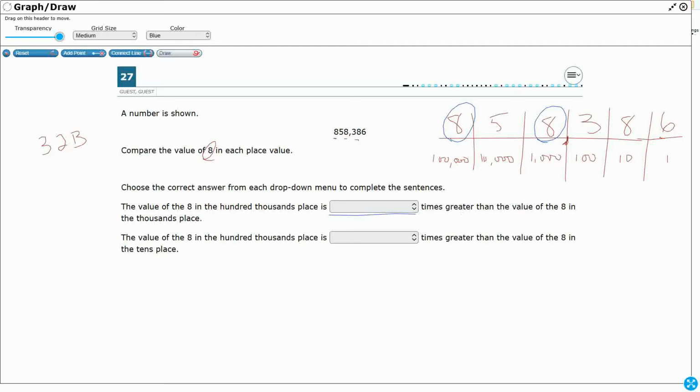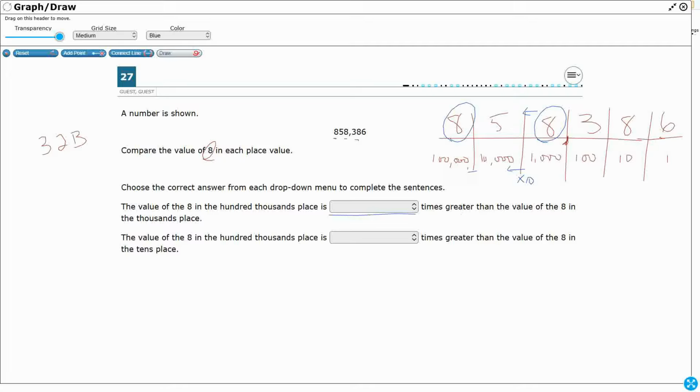So when we're going from this 8 over here, if we want to go from the 1,000 to the 10,000, how many thousands does it take to get to 10,000? Well, this is going to be a times 10. 10 1,000s gets us 10,000. How many 10,000s does it take to get to 100,000?